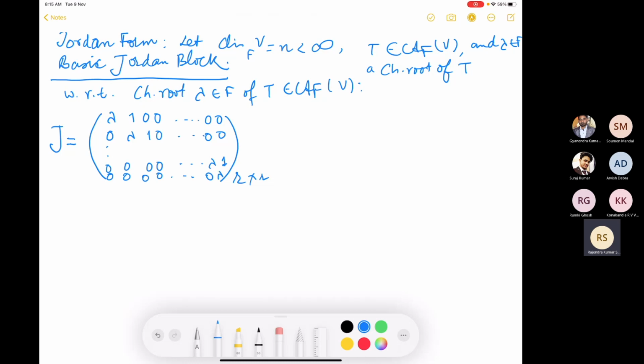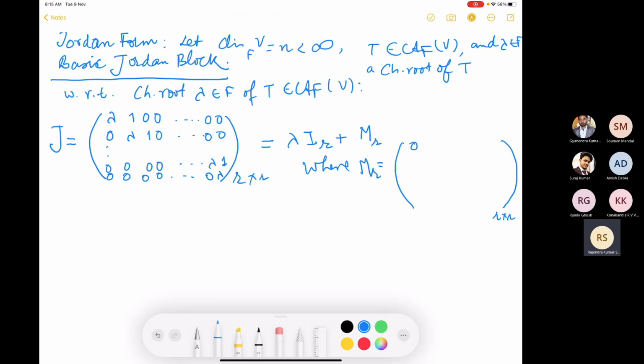So if you see carefully, this is a scalar matrix, lambda I R, plus, now you recall this M R. What was M R? M R has all entries 0, R by R, except the entries on the super diagonal are 1.